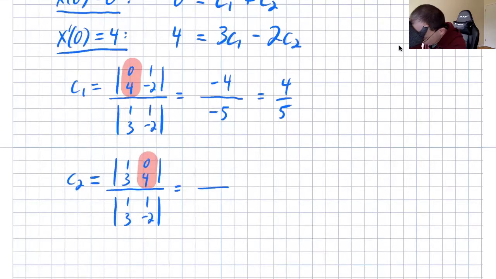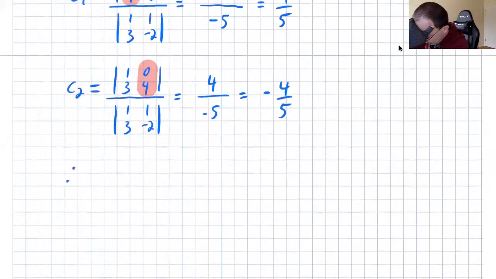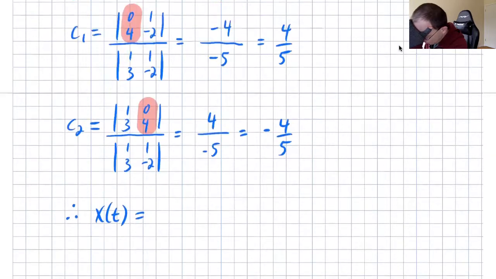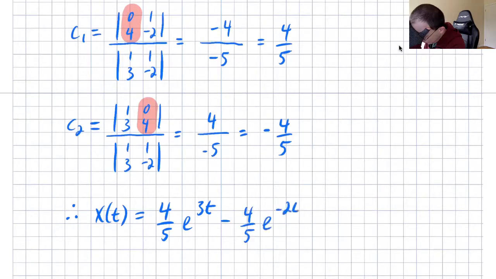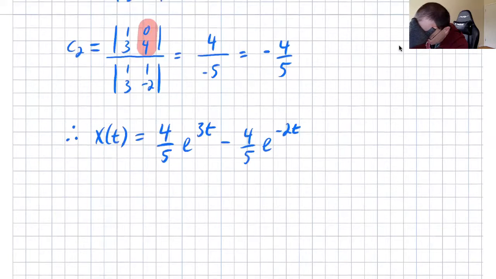So we know the bottom is minus 5 because that doesn't change. On the top we get 4 minus 0, so it's 4. So we get minus 4 over 5. And so therefore x of t is equal to 4 over 5 e to the 3t minus 4 over 5 e to the negative 2t. So there's our solution for x.